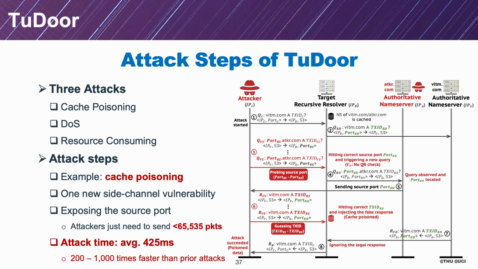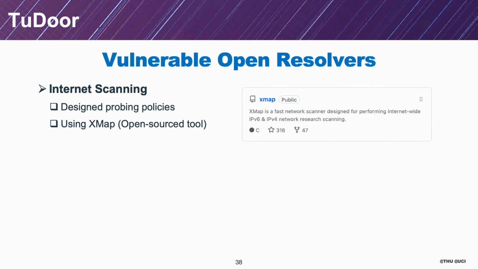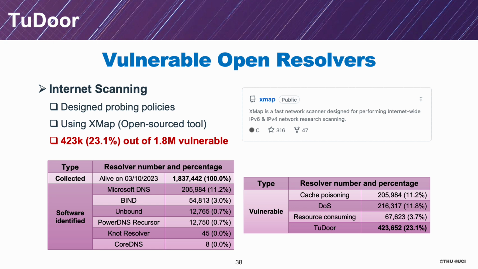After 20 experiments, the average attack time is less than 0.5 seconds, which is 201K times faster than prior attacks. With designed probing policies using XMap, we found that there are 423K resolvers vulnerable to the TuDoor attack. And among them, about 200K resolvers are vulnerable to the DNS cache poisoning attack.